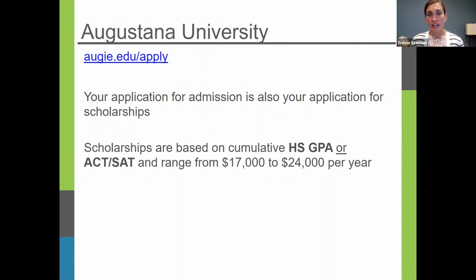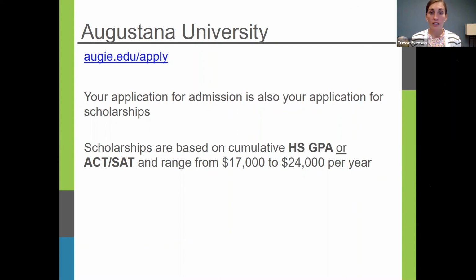So we look at both and see which is stronger, and that determines if you earn a scholarship from us, and that scholarship would range from $17,000 to $24,000, and that's a per year amount. You need to remain a full-time student, and it renews as long as you remain in full-time student status.